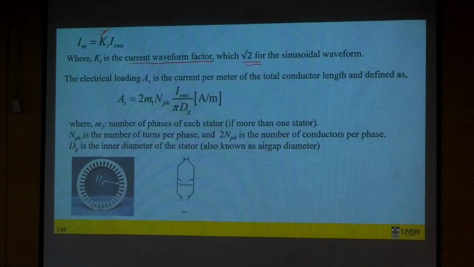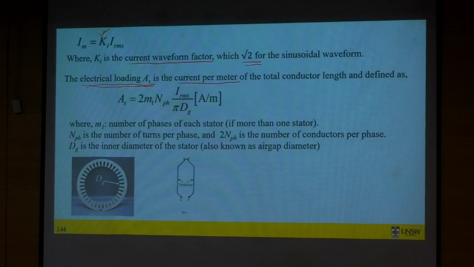That's why we find the current per meter, defined here as AS, or sometimes called electrical loading, because this is the parameter which relates to your current, or the electric field, basically. Out of electromagnetism, this is the electric field. So it's called electrical loading. It's actually nothing but total current per meter.